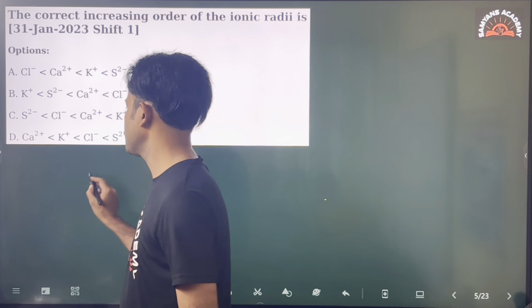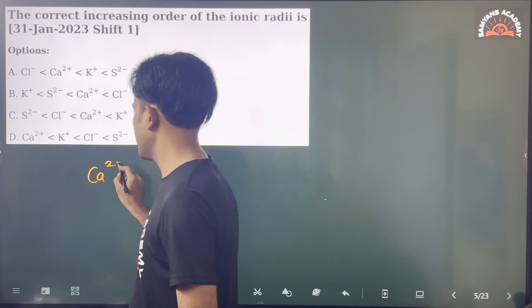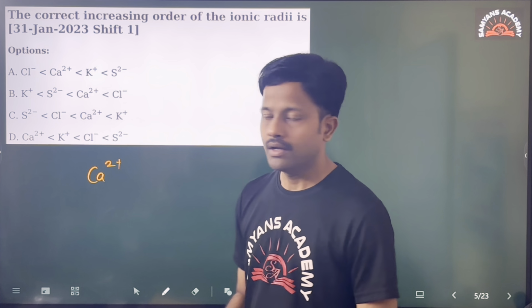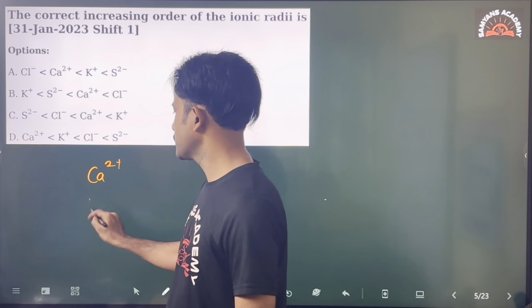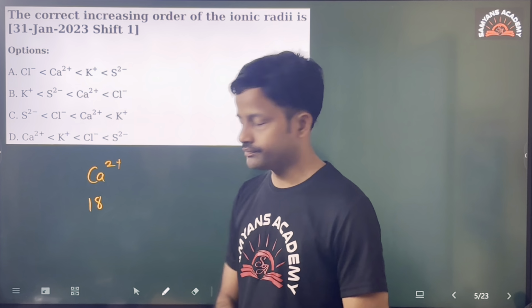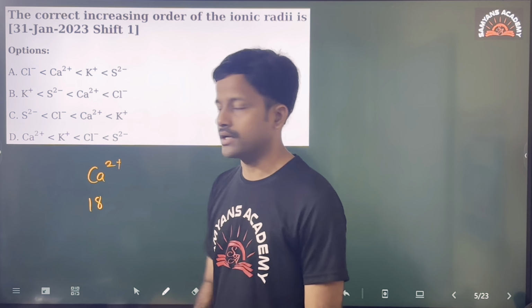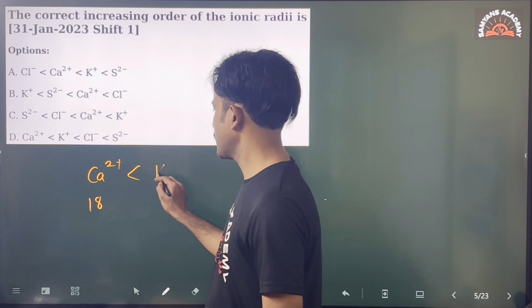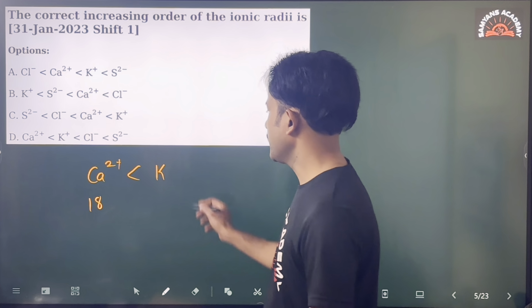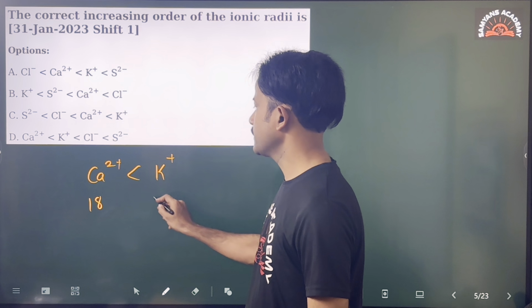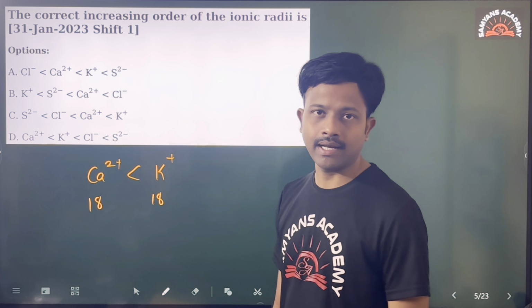Take calcium. Its atomic number is 20, and it loses 2 electrons. 20 minus 2 is 18. Next, potassium atomic number is 19, but it loses 1 electron. 19 minus 1, again 18 electrons.